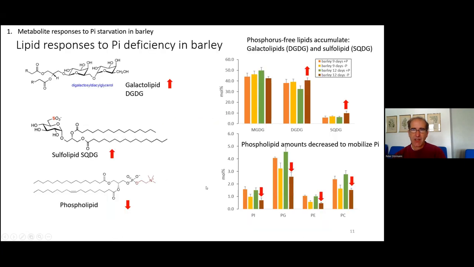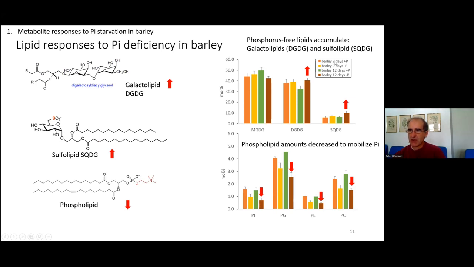Okay. Then looking at lipids, we expect that phospholipids, which contain phosphate, are degraded under phosphate deprivation, mobilizing the phosphate for nucleic acid synthesis to maintain growth. And these lipids should be replaced by glycolipids, sugar-containing lipids, for example galactolipids like DGDG, and sulfolipids with a sulfonic acid head group, which is very special. Here we have the glycolipids, the sugar lipids, and here we have the phospholipids.